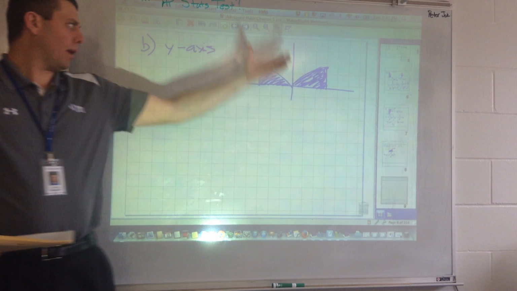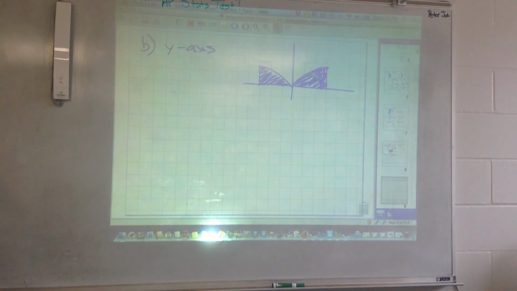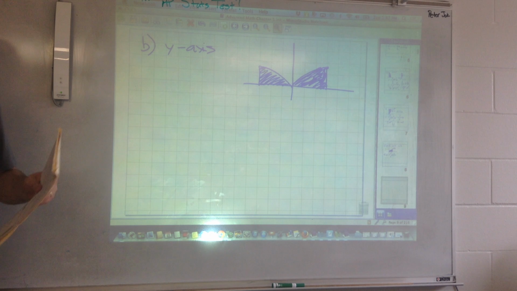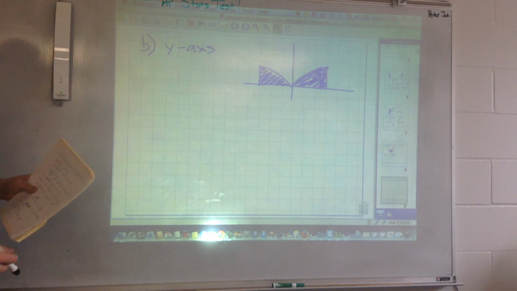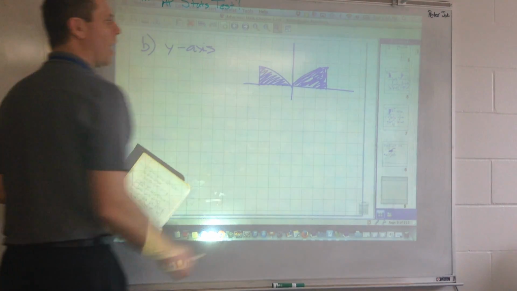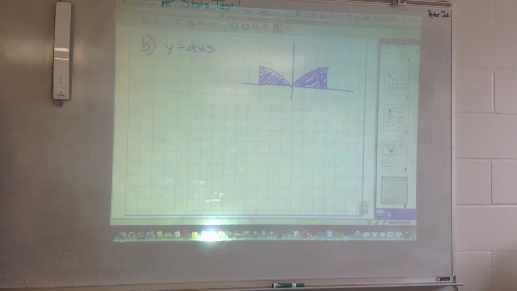That would be your cross section if you were to cut it. That's what it would look like after you rotate around and then slice it down the middle. Since we're rotating about the y-axis, you're going to have to write it in terms of y.